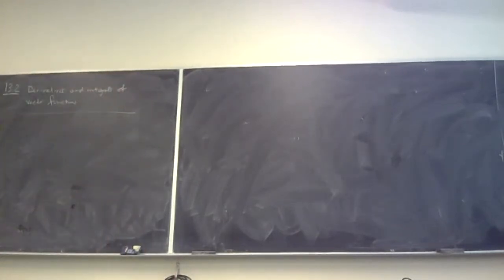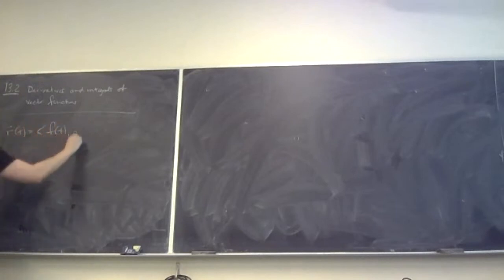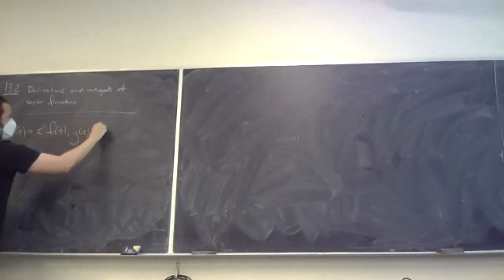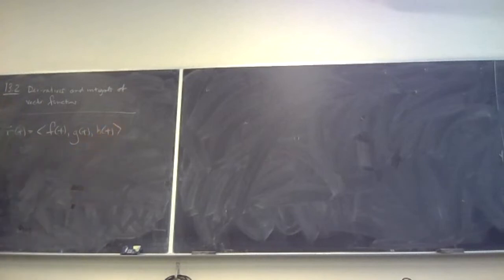The reason we can even do this, if you imagine that you've got a vector function R of t equal to f of t, g of t, h of t, is that, if you remember from last time, as long as R is continuous, I can just push a limit inside of it.